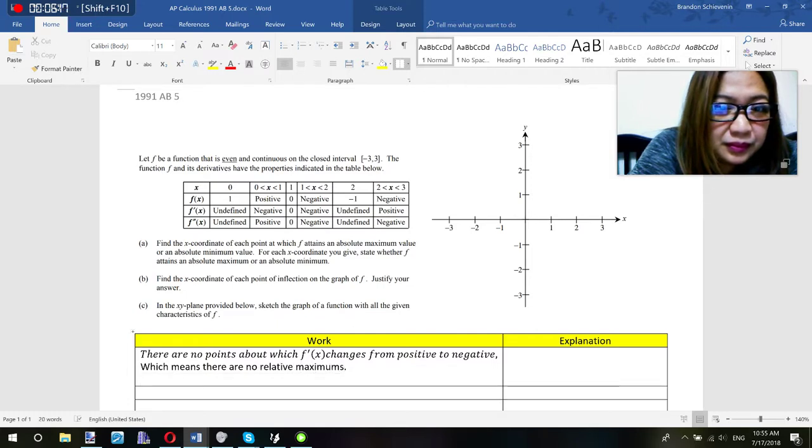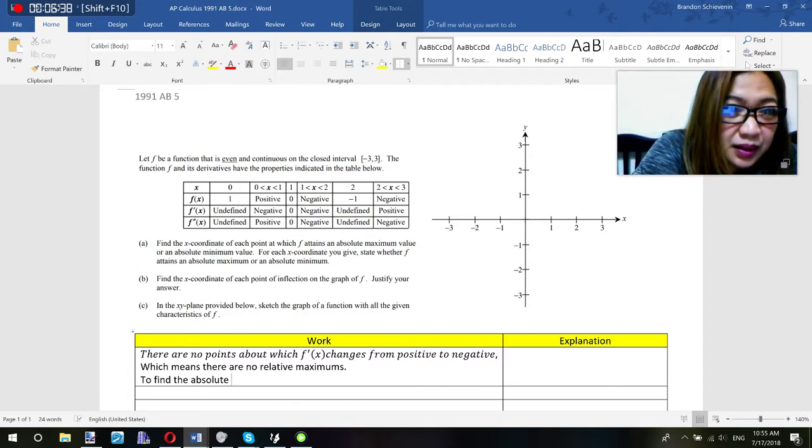What other points do I have to test if I'm looking for absolute maximums? We just said there's no points where the slope changes from positive to negative. So does that mean there's no absolute maximum, or does that mean we still have more points to test?